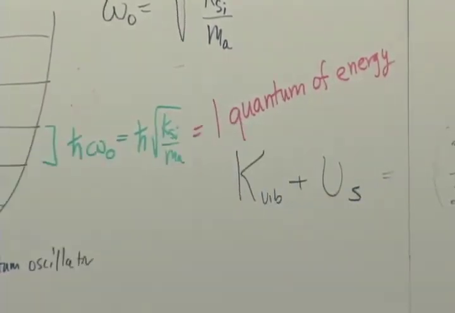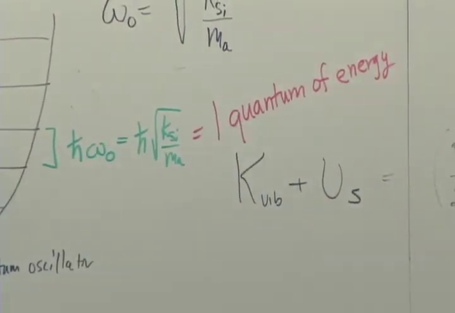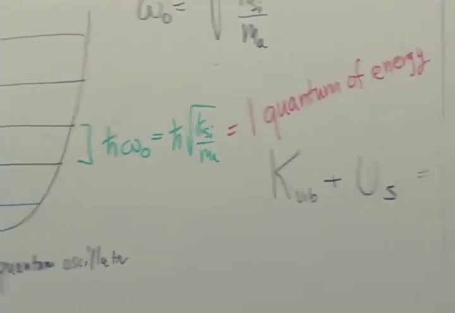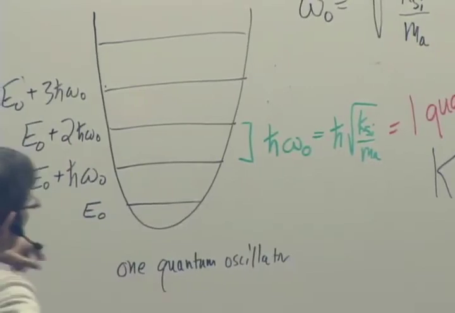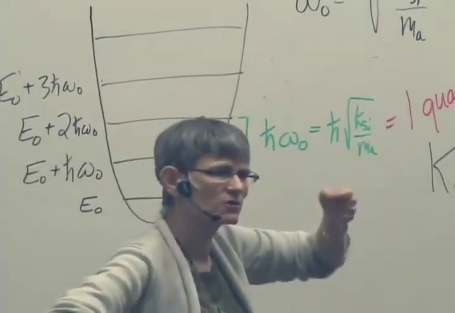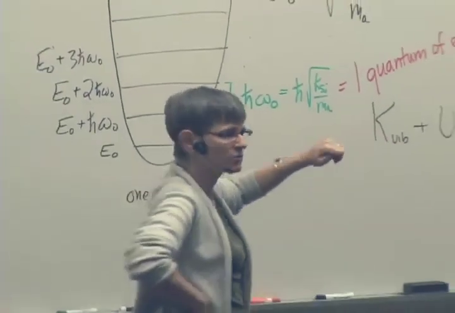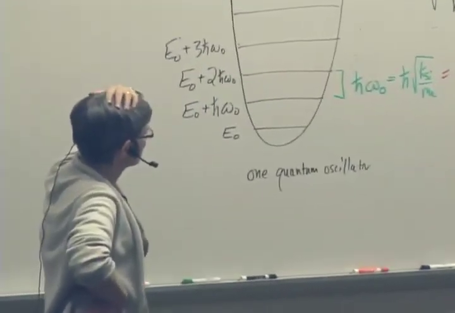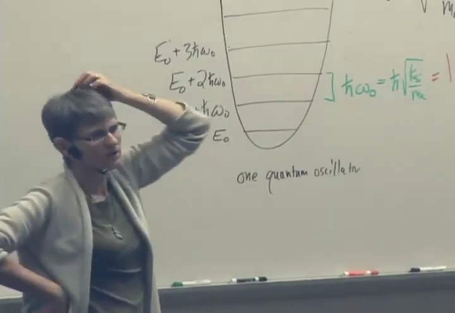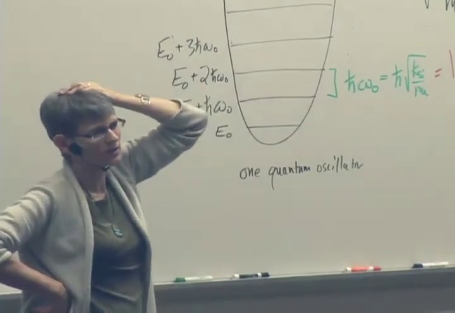And it's just some number of joules. It just depends on the bond stiffness and the mass of the atom, but it's just some number of joules. And you've done calculations where you've calculated how many joules, or it's about, what does it come out to? It came out to about a hundredth of an electron volt or something like that.